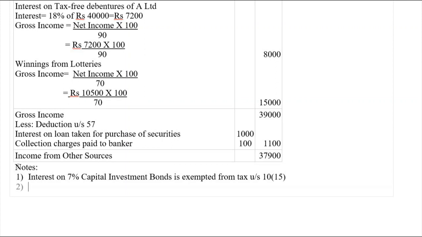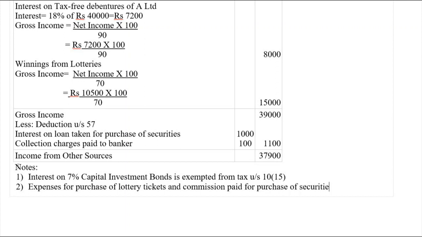Next, number 2, expenses for purchase of lottery tickets and commission paid for purchase of securities are not allowed as deduction.